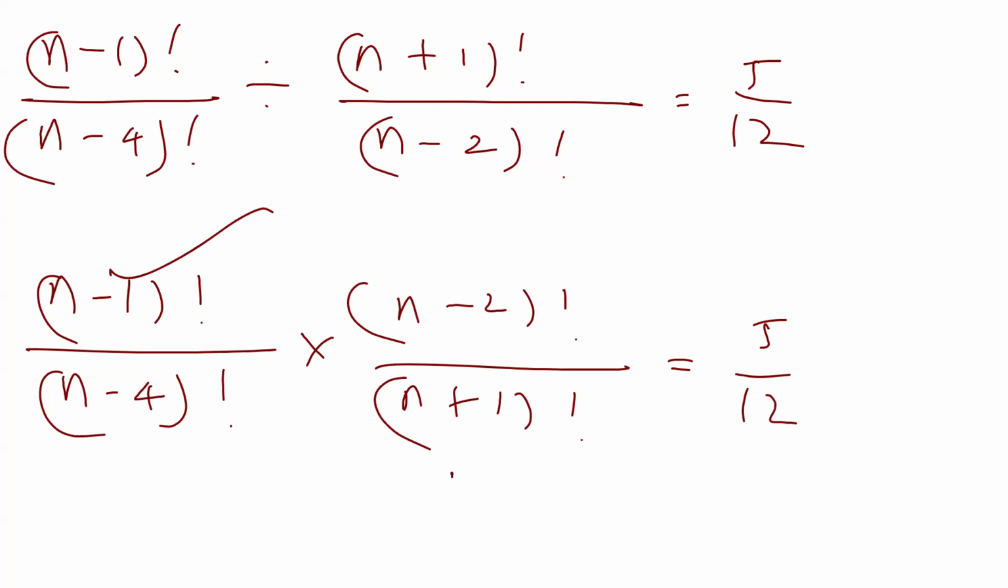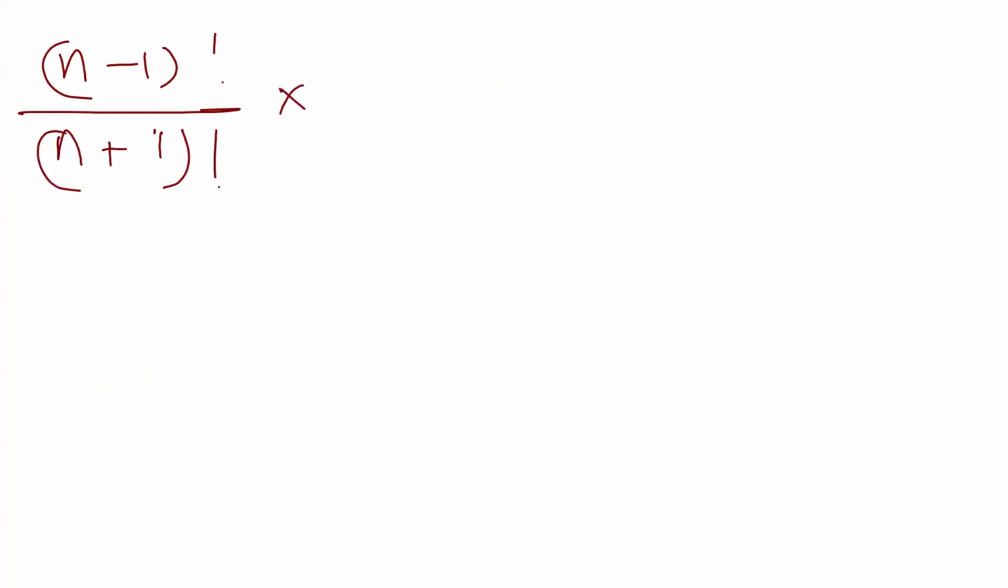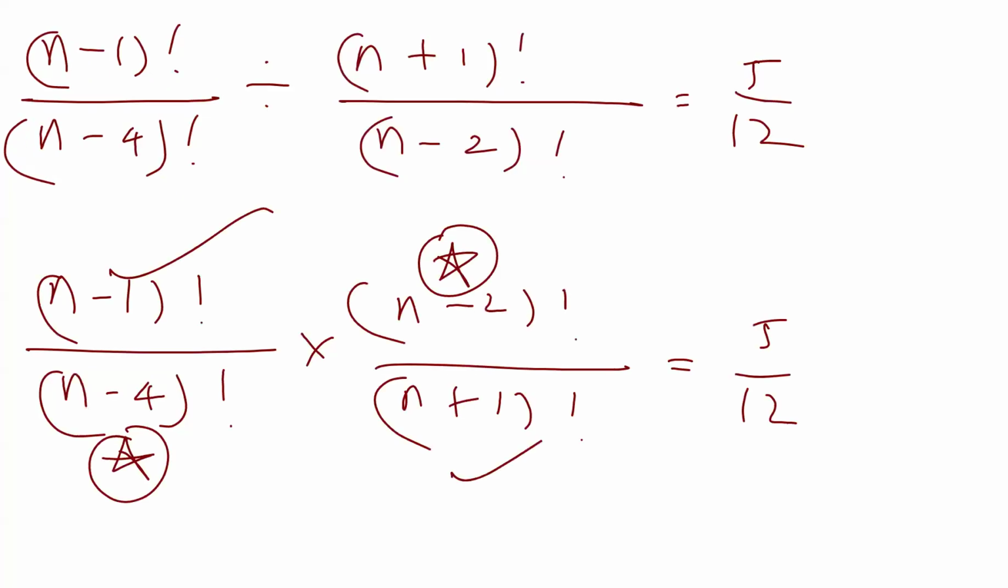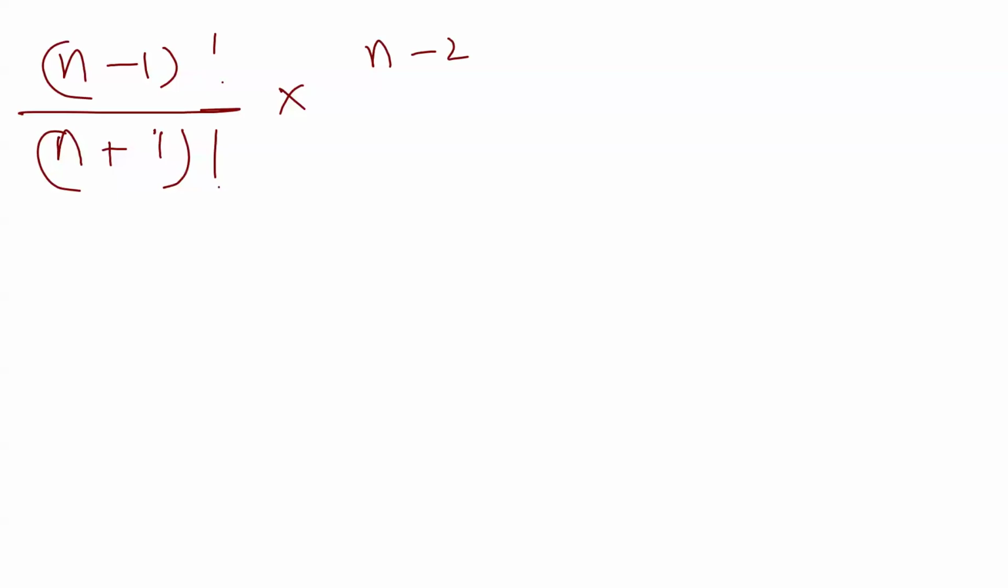I'll group this term and this term, and I'll group this term and this term. So (n minus 1) factorial upon (n plus 1) factorial into (n minus 2) factorial upon (n minus 4) factorial equal to 5 by 12.